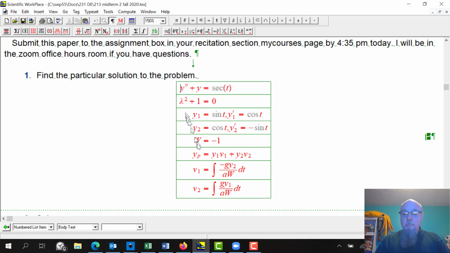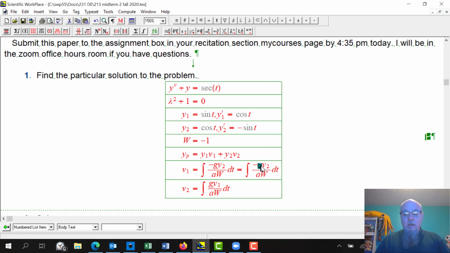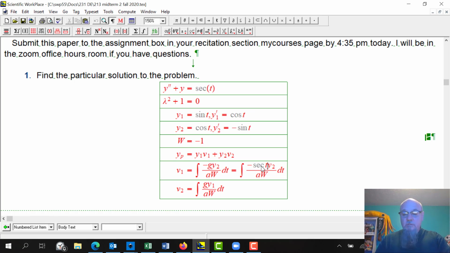A is equal to 1, and the g of t is equal to secant t. So we can fill these pieces in here. We've got g of t, y2 is going to be cosine of t.